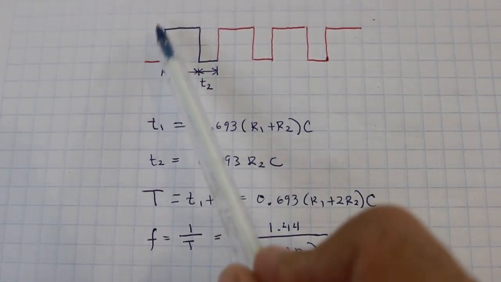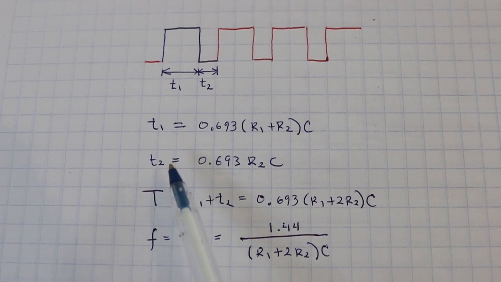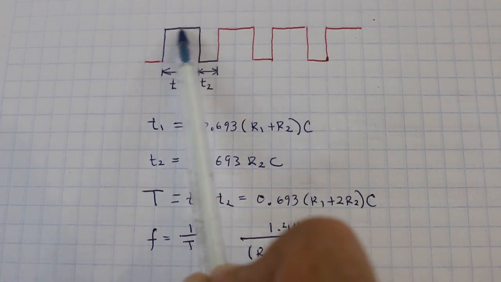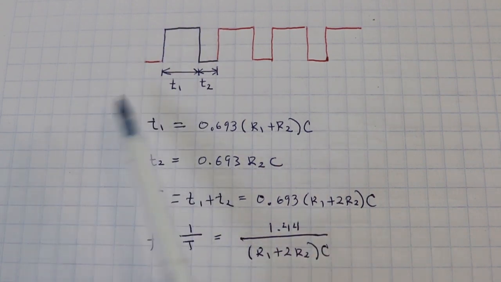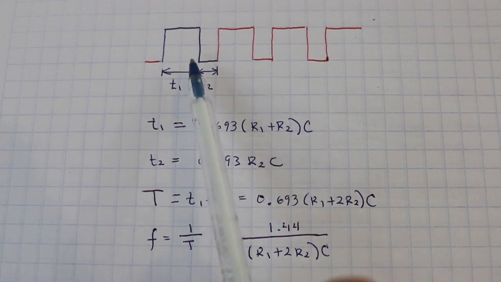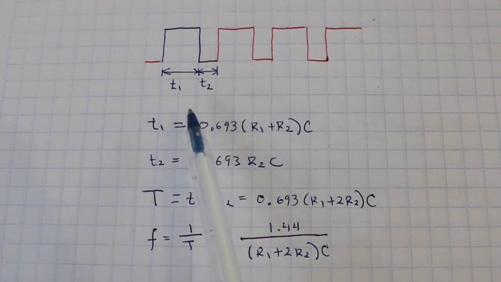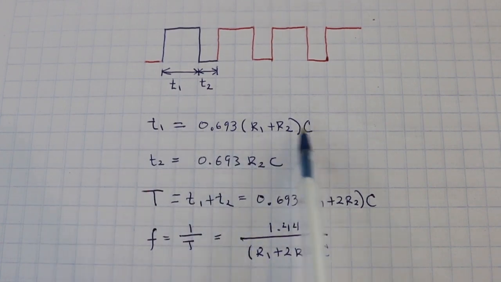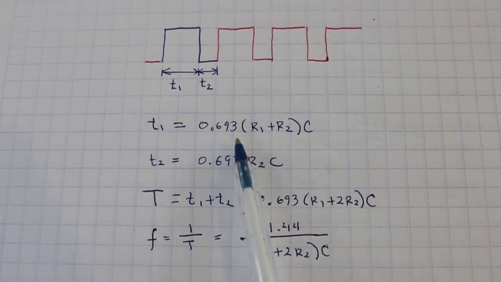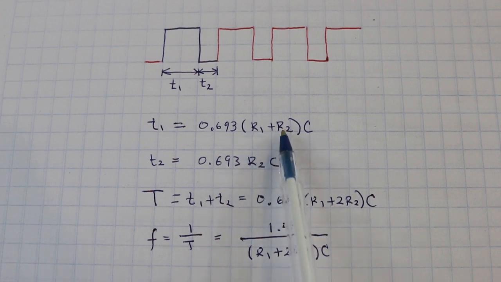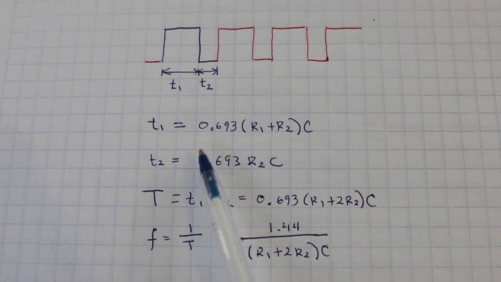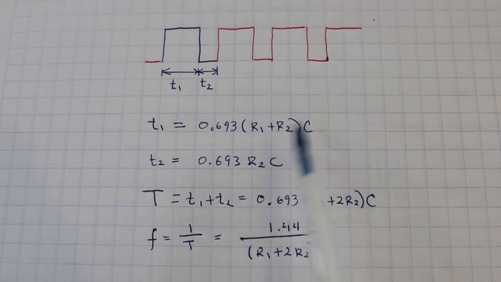Each single pulse of the train is composed of two times. T1, which is the time when we have an output voltage, and T2, which is the time when the voltage is 0. The value of T1 is given by this expression. Note that it depends on both R1 and R2, which are the values set by the potentiometers, and the capacitance.